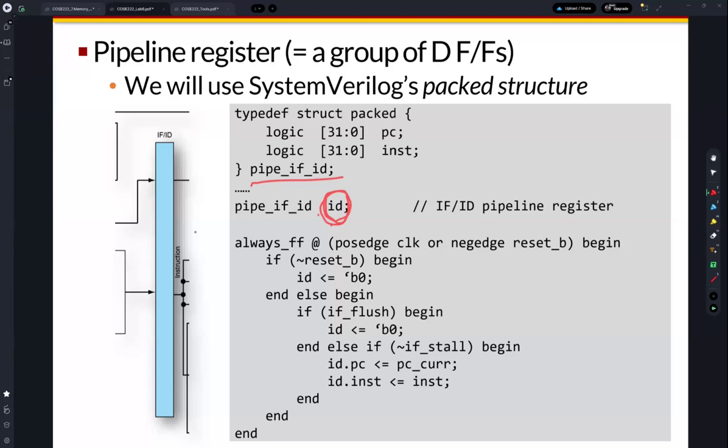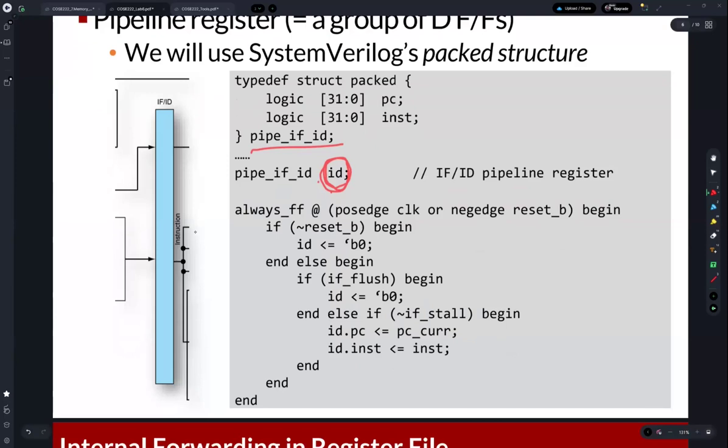You can also find the comment here. Then we define the behavior of this pipeline register. This is the D flip-flop, but we need to add the control signals for this pipeline register, right? Because we need to control pipeline stall. Also, we need to control flush.